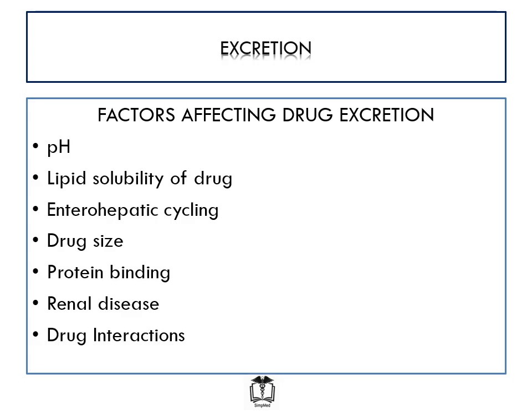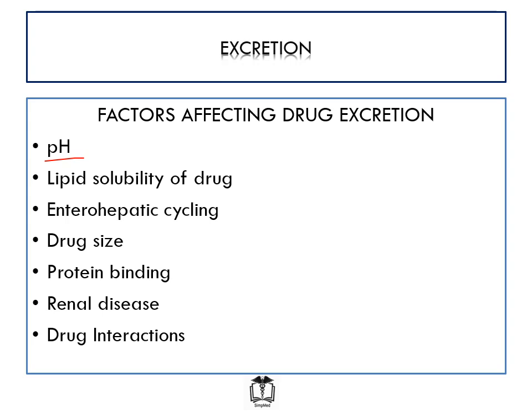What are the factors affecting drug excretion? These are factors that would either increase or decrease the rate of drug excretion. First on the list is the pH, and this includes both the pH of the drug and the pH of the excretion medium, whether the excretion medium is the urine, bile, or sweat. The pH of that medium and the pH of the drug work hand in hand to either increase or decrease excretion.